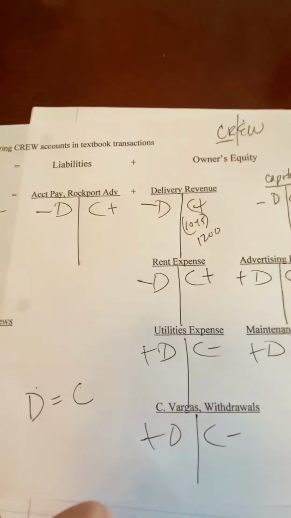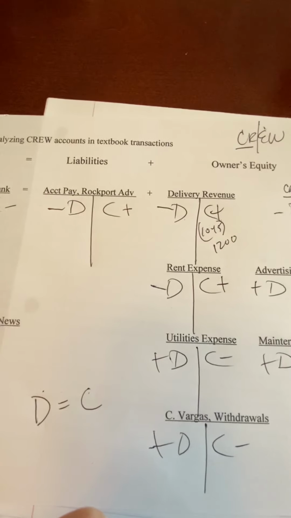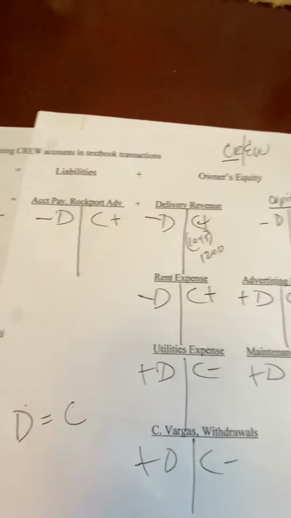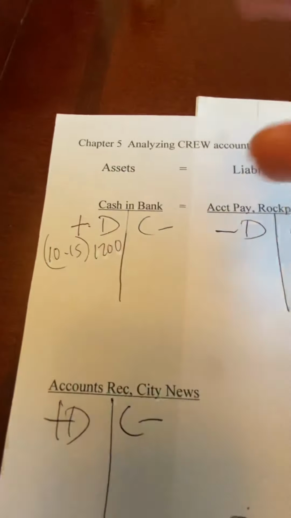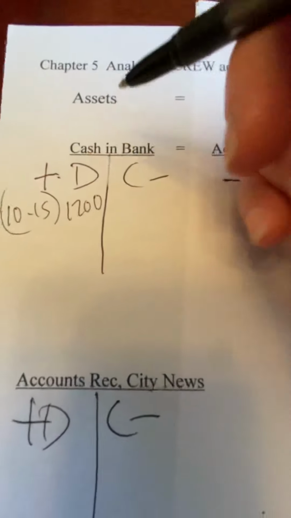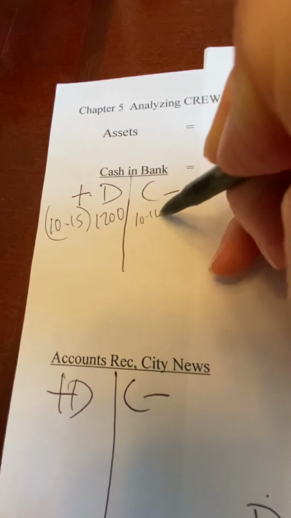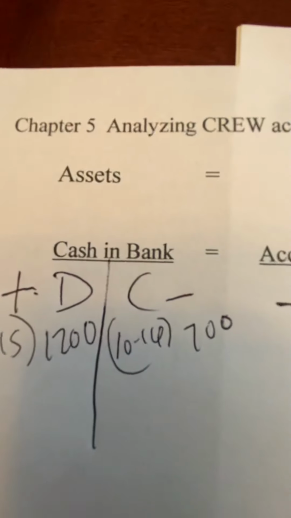Second transaction says we mailed a check, check 103 for $700, to pay the month's rent. If we mailed a check for $700, then we lost cash. So on the credit side, I've got to mark my date. On the 16th, we lost $700 cash. Why did we lose it?